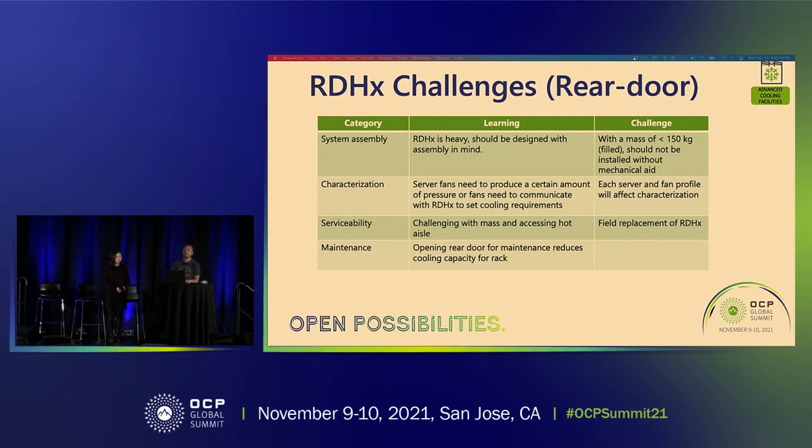In terms of serviceability, the rear door heat exchanger is serviced from the hot aisle. The hot aisle can be cramped and quite hot, limiting the amount of service time, and that poses a serviceability challenge.